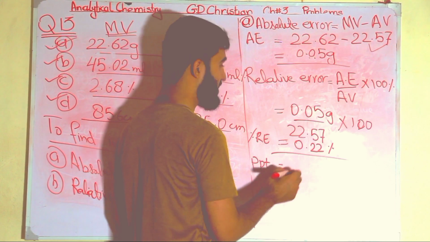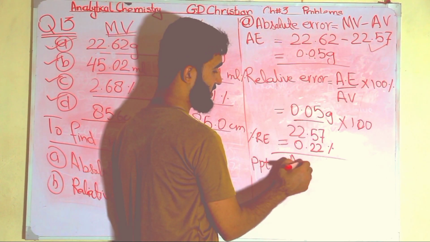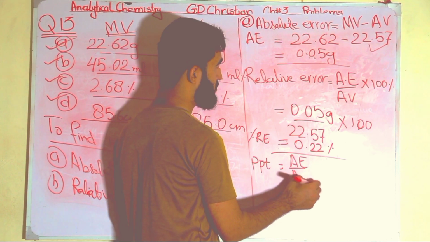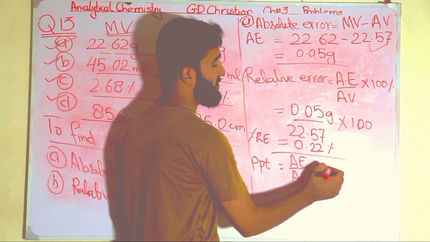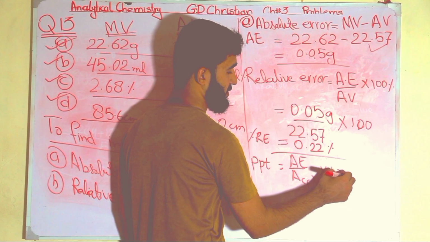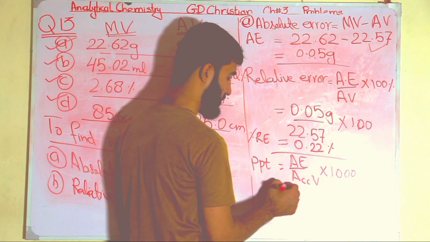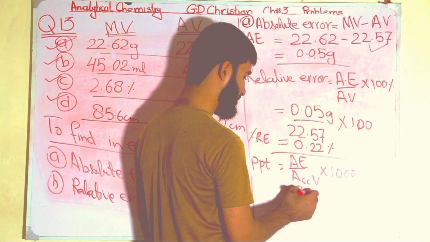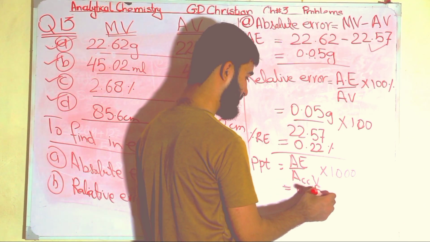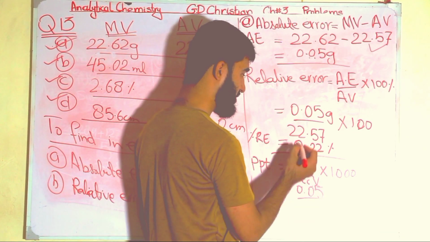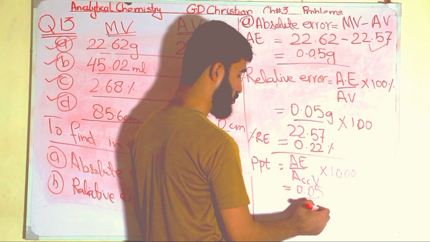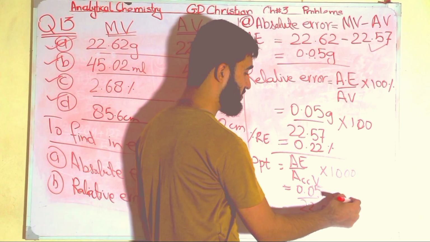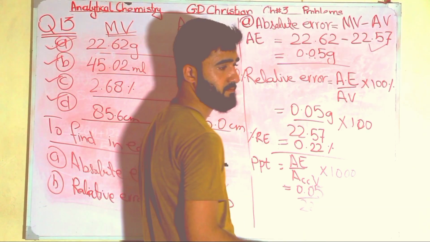And the second part, we have also calculated PPT, parts per thousand. PPT is equal to absolute error over accepted value multiplied by 1000. Putting these values, 0.05 over 22.57 multiplied by 1000.